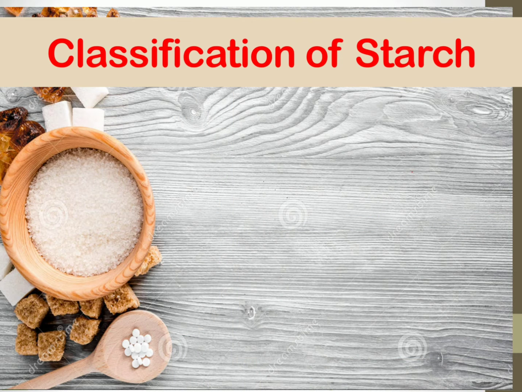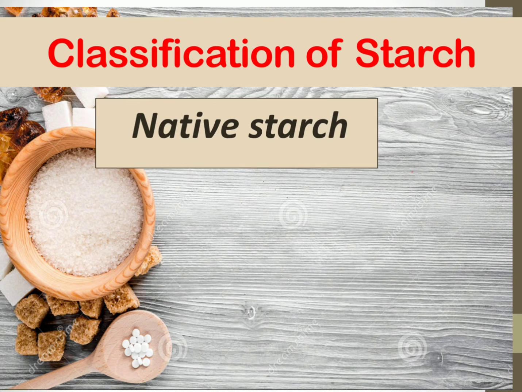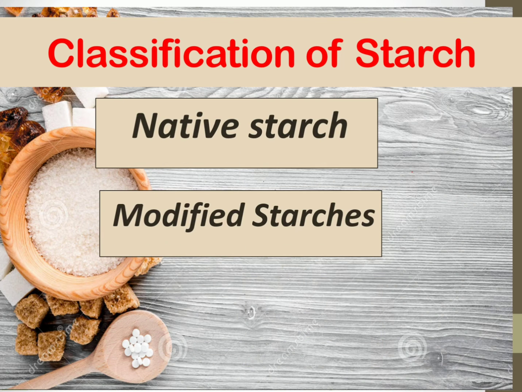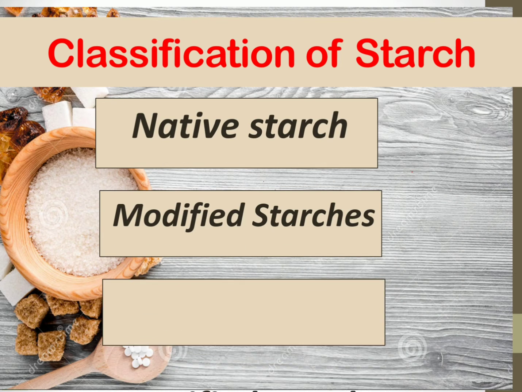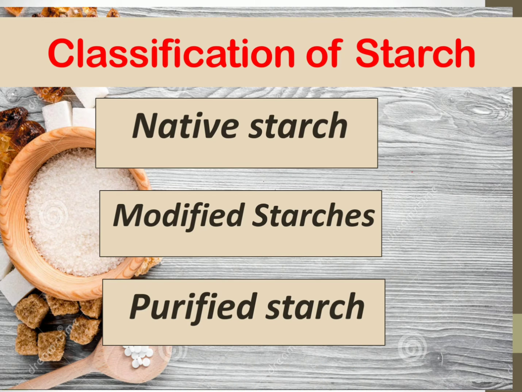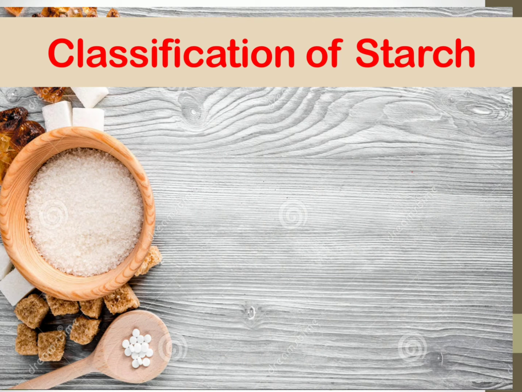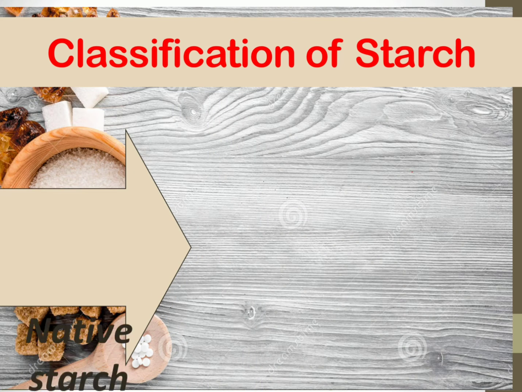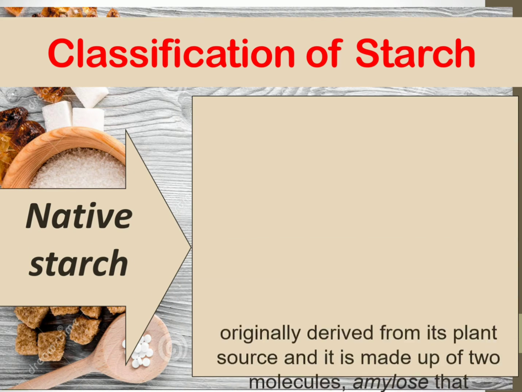There are 3 classifications of starch: native starch, modified starches, and purified starch. Let us discuss them one by one. The first classification is native starch.